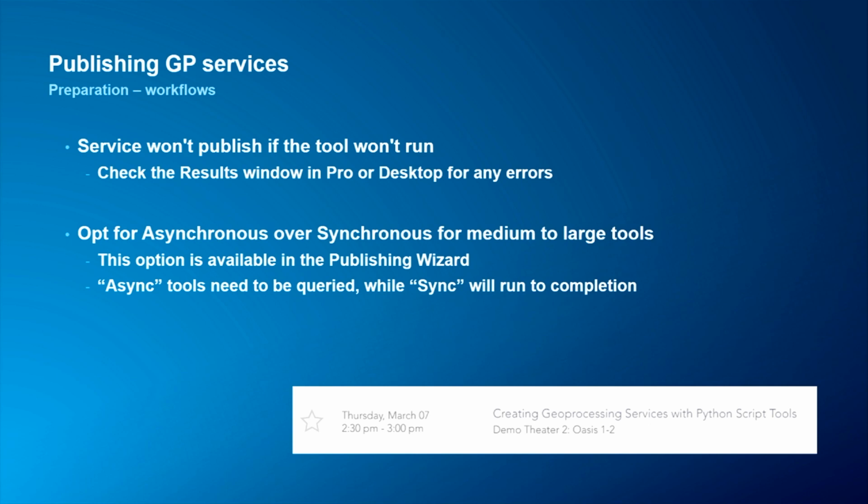Basically, that part ensures, one, the tool runs, and that everything the tool needed to run successfully is there already. So one little tip, if you have a long-running tool, you may want to make that tool asynchronous over synchronous.